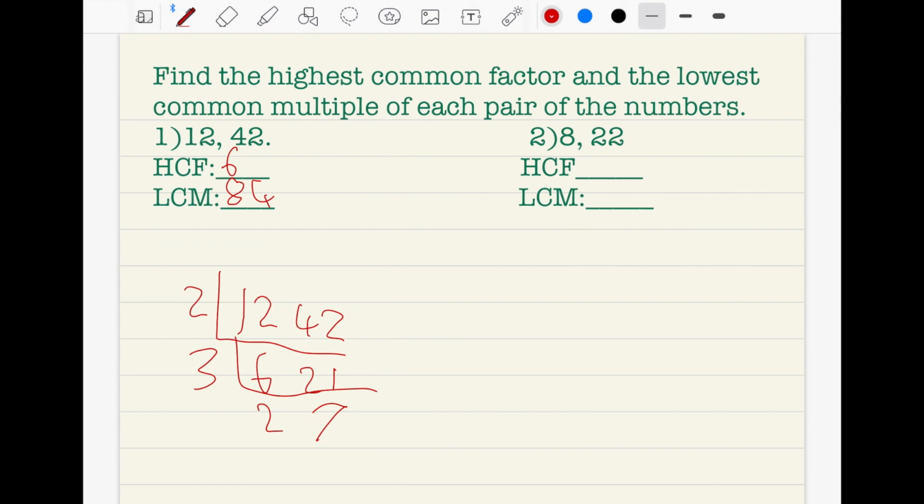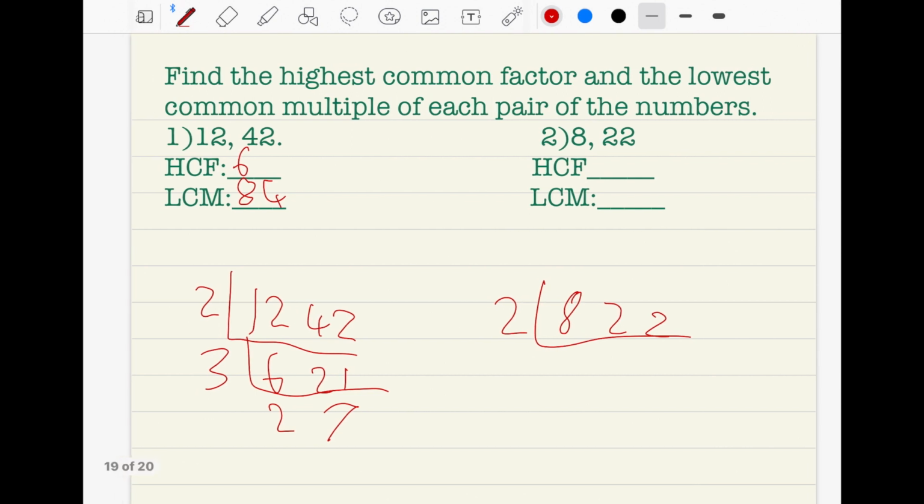So then we do the same thing, upside down dividing, and then write 8 and 22 here, and then write a 2 here because 8 and 22 are even numbers and can be divided by an even number, I think. Oh yeah, that is true, I think. I don't know.